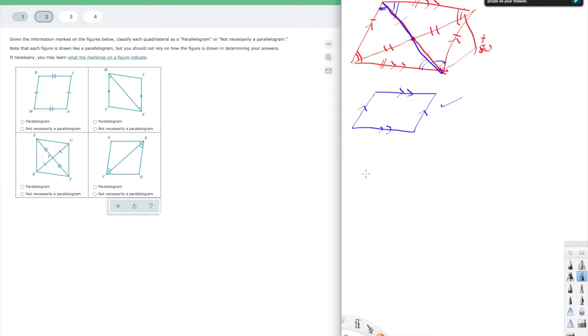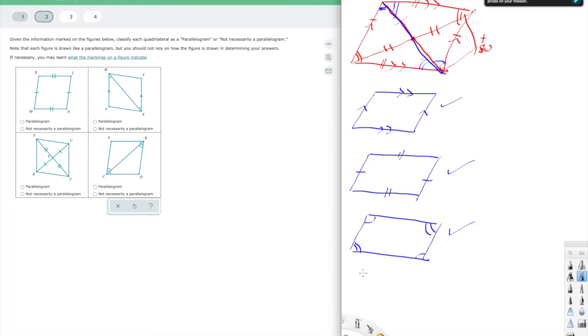The second part is opposite sides are congruent. I know I marked all this up crazy up here, but if we can show both pairs of opposite sides are congruent, it's a parallelogram. If we can do the same thing with the angles, like this, if I can show that opposite angles are congruent, that is a parallelogram.